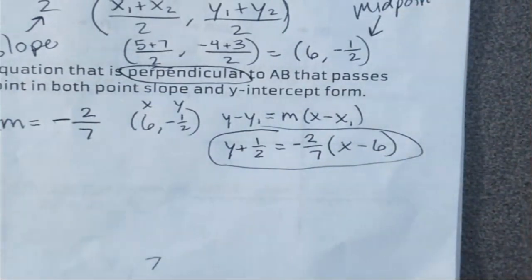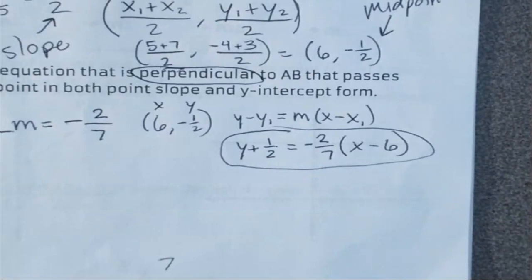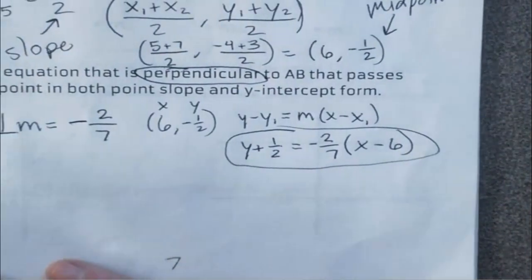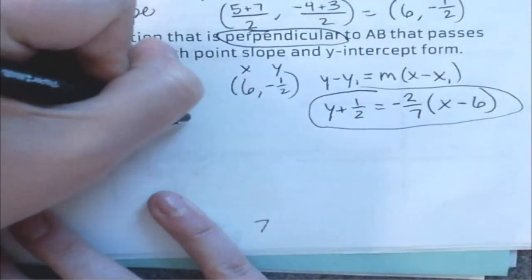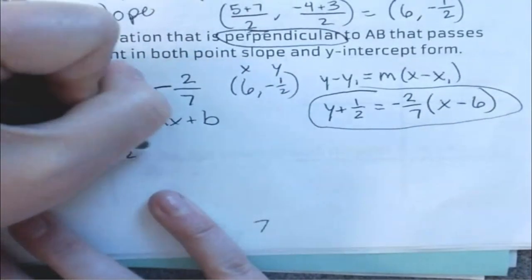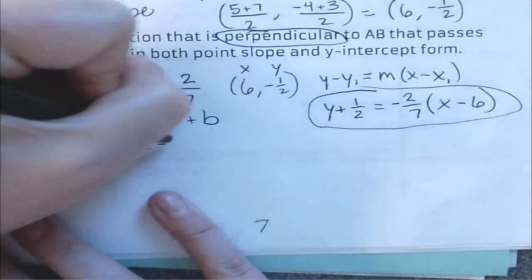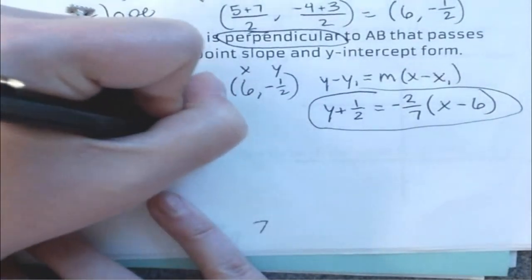And there's actually a couple ways you can do this. You could just solve for y and get y-intercept form, or you can do it like we did before, where you plug in y equals mx plus b. You would end up with the same answer. So my y is negative 1/2, my m is negative 2 over 7, and my x is 6.